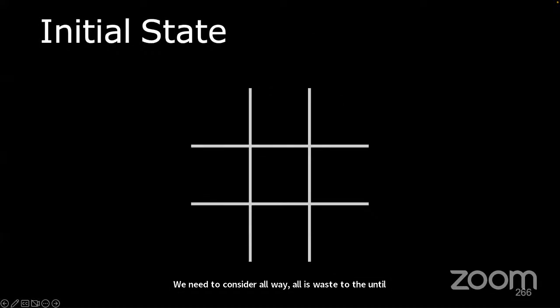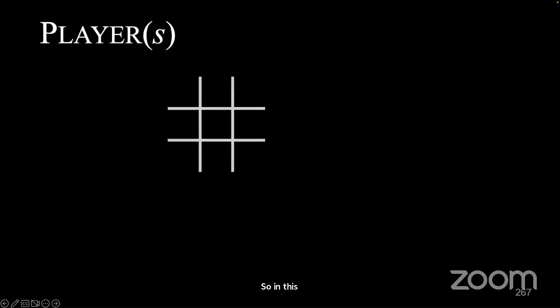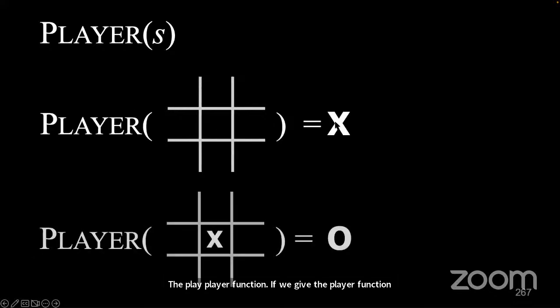So in this tic-tac-toe, the initial state is this empty board. If we give the player function this empty state, it will return us X, because in this game the X player first takes its turn.